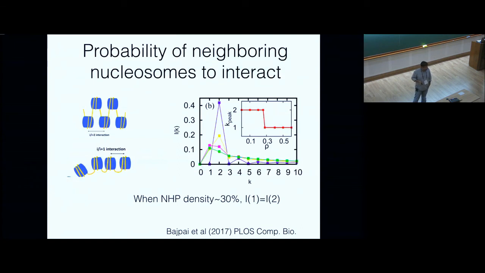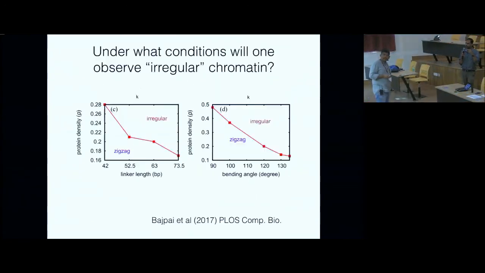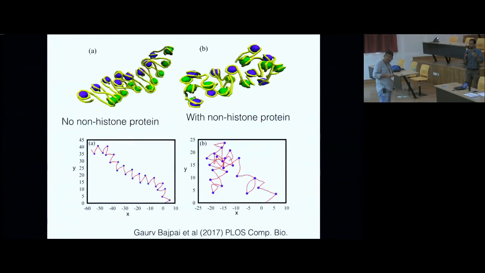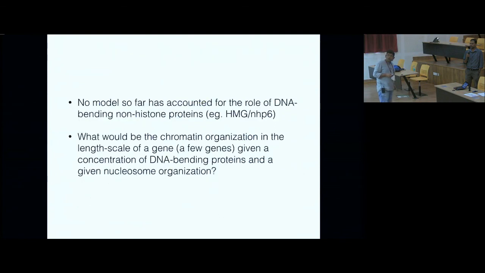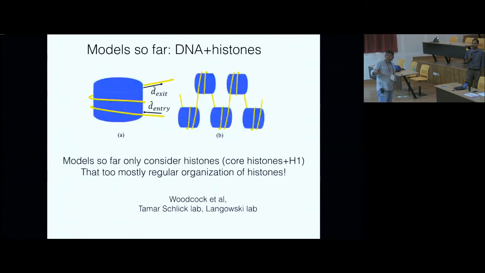I had this question. You talked about the linker length and the angle between the... The number of turns, is it always like 1.7 turns, or will there be a difference in that as well? Let me see, in this picture you're asking. Yes, it's always 1.7 turns.